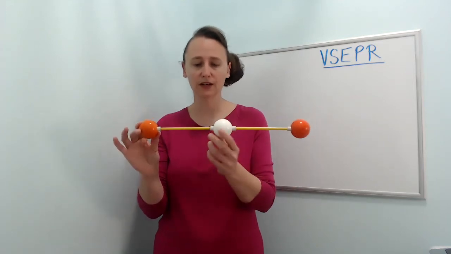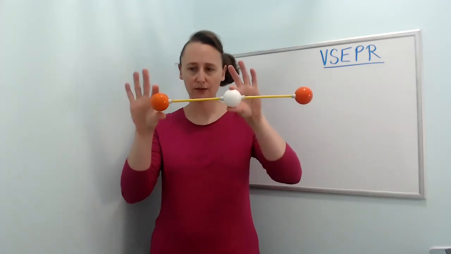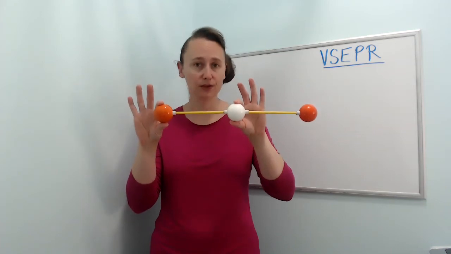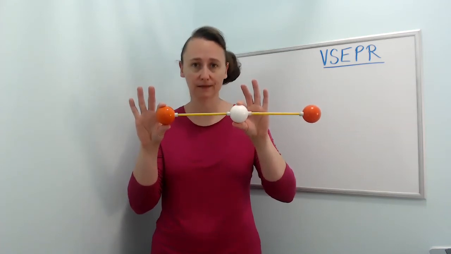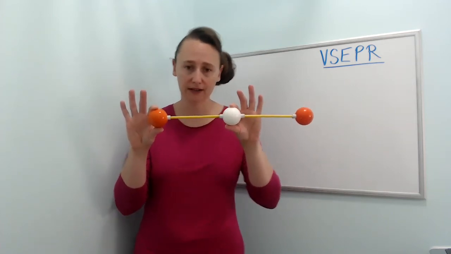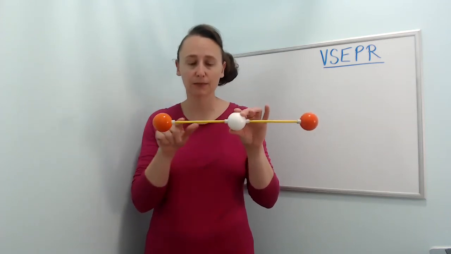You can look at each individual bond. If we look at the 2 atoms and they are different, then they do not have the same electronegativity. Remember to review electronegativity and how that affects polarity, but if they're different, they would have a different electronegativity and this bond would be polar.